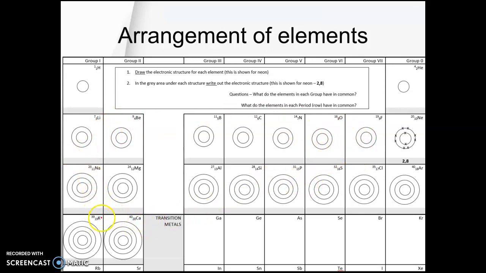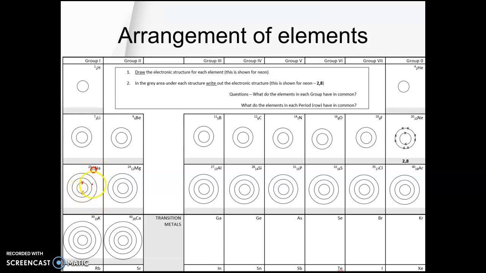So let's see. So we can start doing, for instance, sodium. Okay, let's do sodium, and sodium contains 11 protons. Then we need to distribute 11 electrons as well. So the first shell will take only 2 electrons. So here are our 2 electrons in the first shell, and we are left with 9 electrons from the 11.